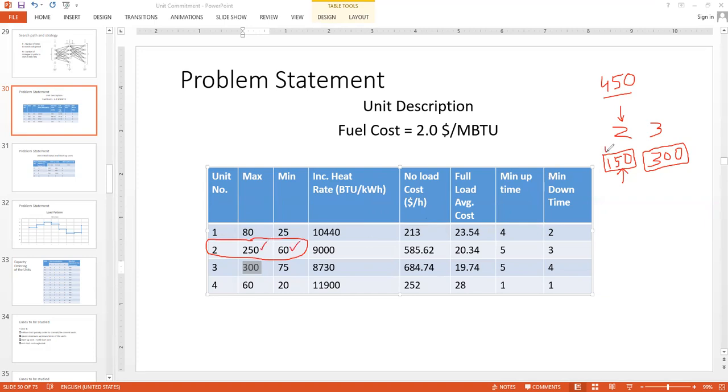So 150 is a valid choice. We'll simply choose 300 from unit 3 and the remaining load from unit 2. In total, we get 450 and that is done. This is our choice of economic dispatch for this case at state number 12.